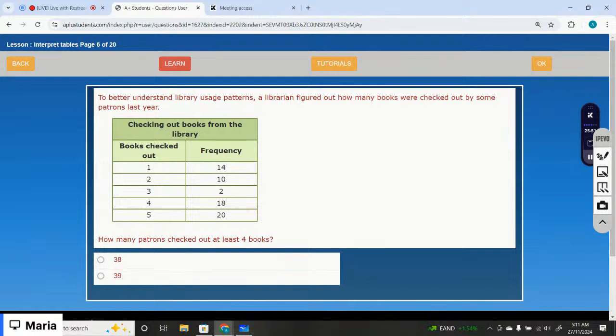To better understand library usage patterns, a librarian figured out how many books were checked out by some patrons last year. How many patrons checked out at least 4 books?